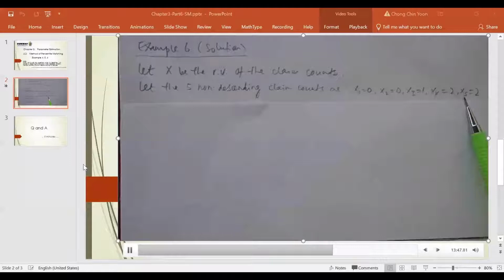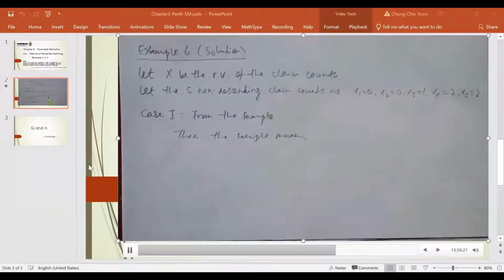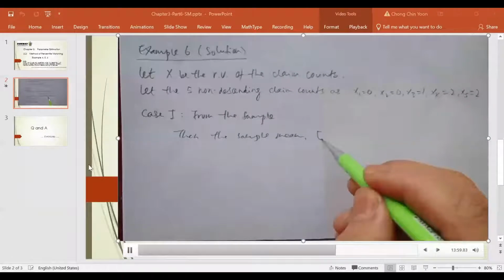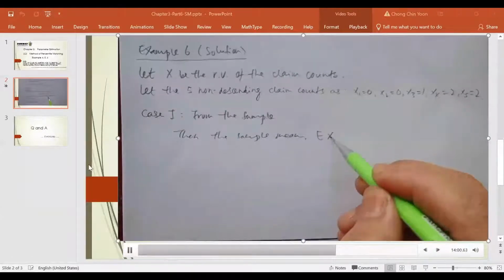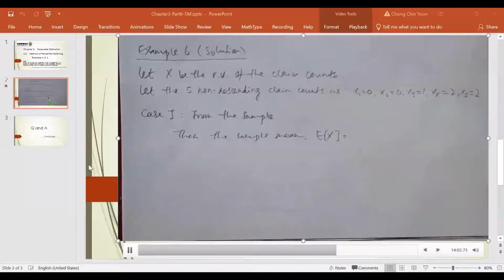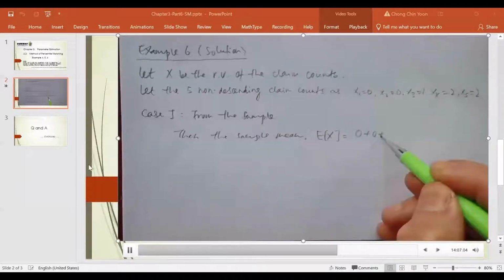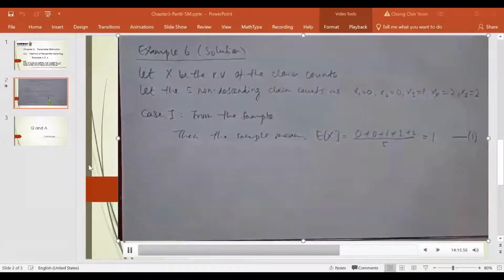From the sample, the sample mean, that is the expected value of x, equals the total of this sample, 0 plus 0 plus 1 plus 2 plus 2, divided by 5, which is 1. Let's say this is my first equation.